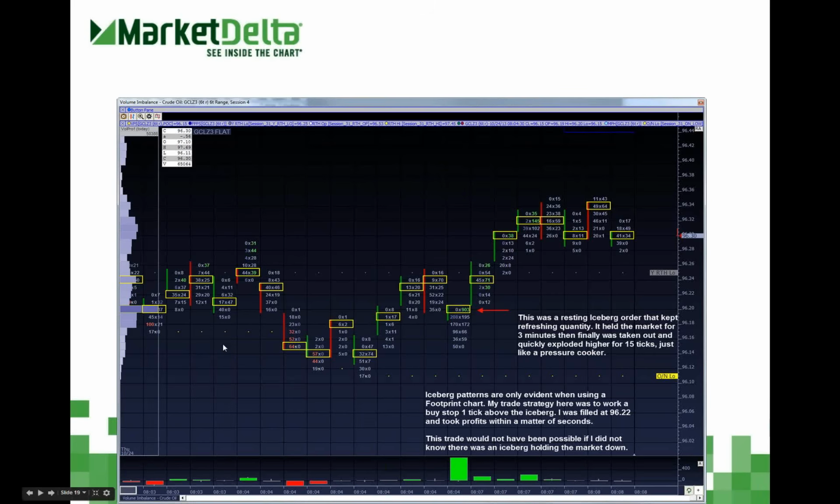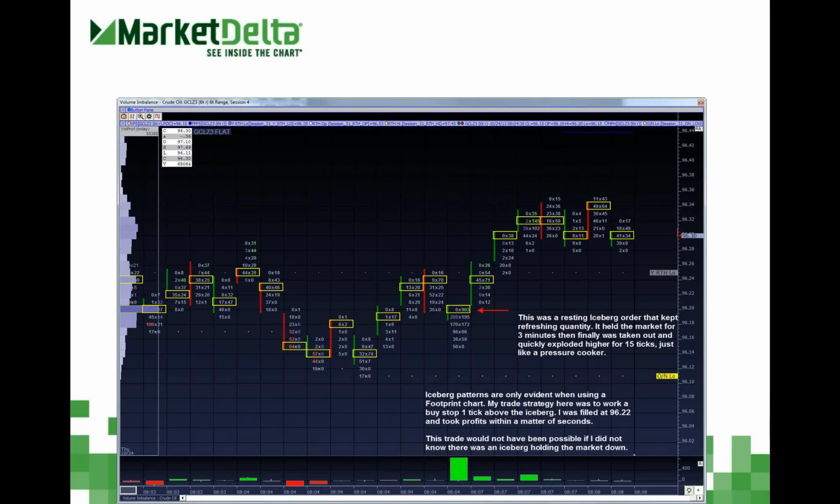I'm not going to talk about all this. It was bouncing around, and the market came up, and I saw in the order book in my DOM, as a Market Delta trader, it was only showing 10, 5, 20 at the offer. However, I'm watching the footprint and I'm watching the volume tick up. It went up to 50, then 75, then 150, and each time I'm watching the order book and it was just showing a small quantity.